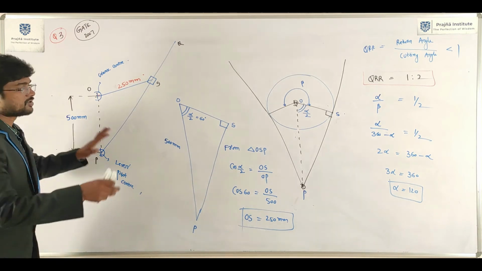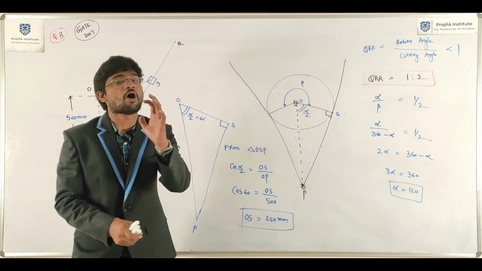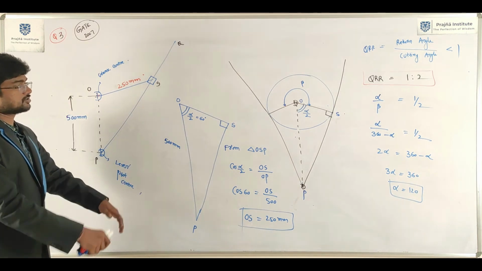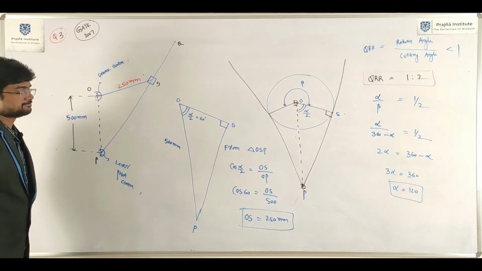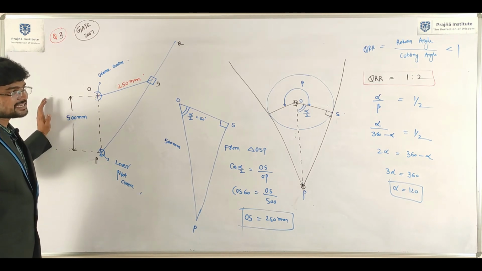motion mechanism. For the time being, we need to cover the quick return ratio of the crank and slotted lever quick return motion mechanism. This is all about three different varieties of problems in this mechanism.